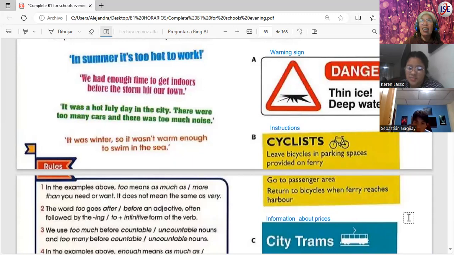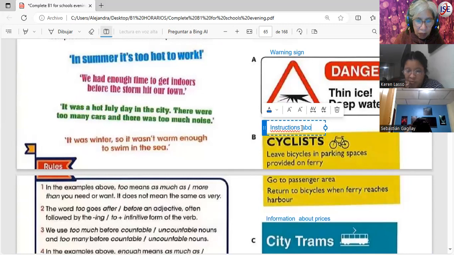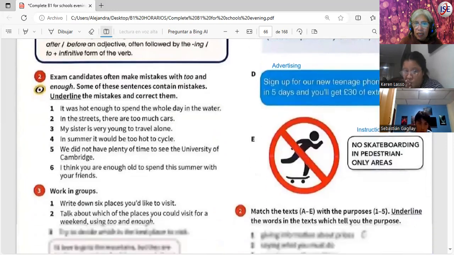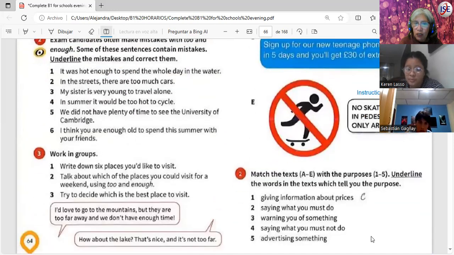It is letter B. What you must do. Yes. Instructions about what people must do.